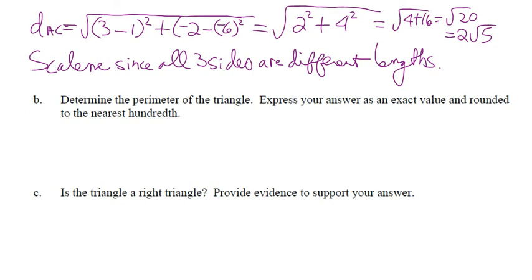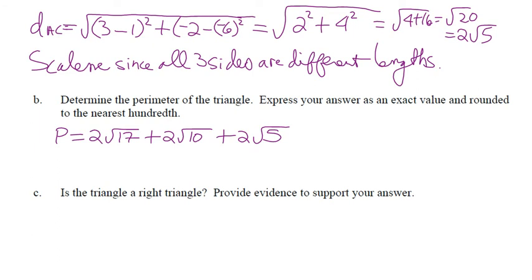So what do we have to do to get the perimeter of the triangle? So how does that simplify? We've got 2 root 17s and 2 root 10s and 2 root 5s.